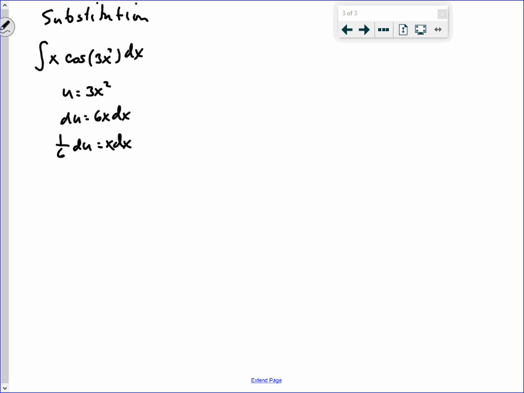You may have learned it that way, but that's not how I learned it. x dx is 1/6 du, and the cosine of 3x squared is cosine of u. This is something you can integrate because it's just a plain old cosine.